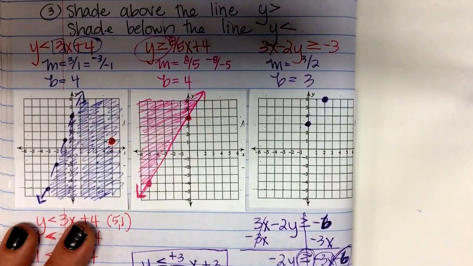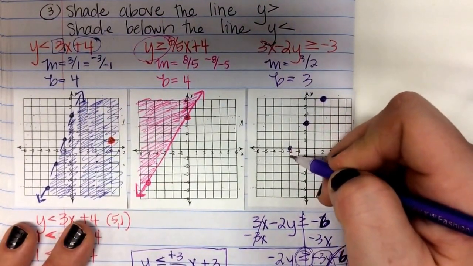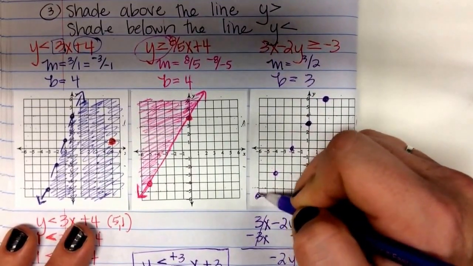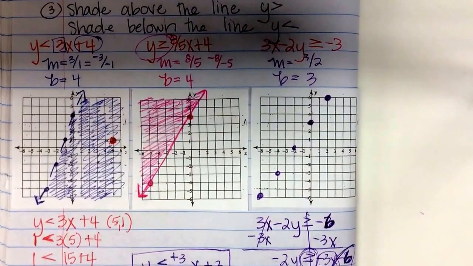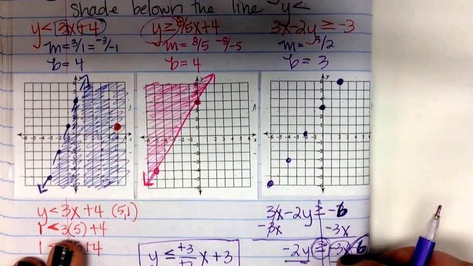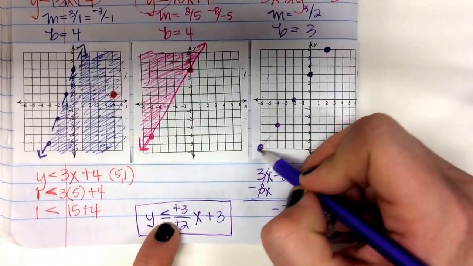So what do you do now? Down 3, backward 2, down 3, backward 2. Is this a dotted or a connected line? Connected, because it's got the line with it, right?